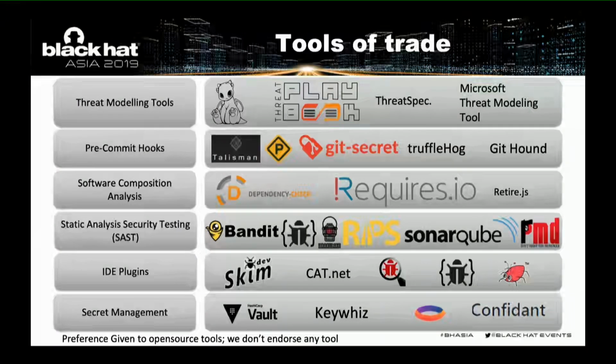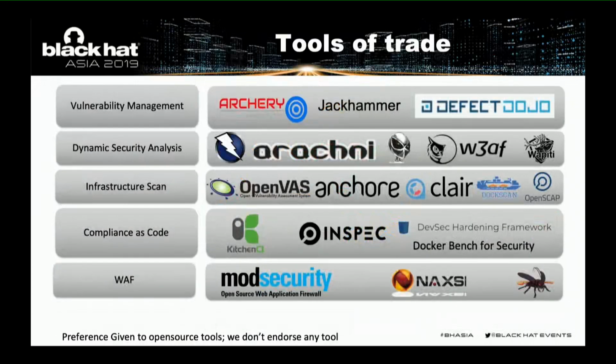You can see for each of these sections that I talked about, right from threat modeling to pre-commit, software composition, static analysis, IDEs, secret management, vulnerability management, dynamic security analysis, infrastructure scan, compliance as code, and WAF, for every single item that I've talked about, there are at least 3 to 4 different alternatives in the open source market. If your company does not want the open source stuff and you want service support, each of these also has commercial software vendors available. They will charge for it, but they will provide support. So that option is also available to you, depending on what works for your organization.